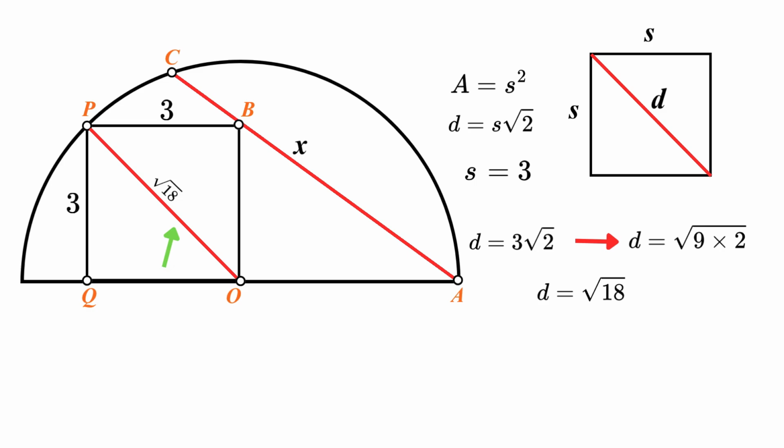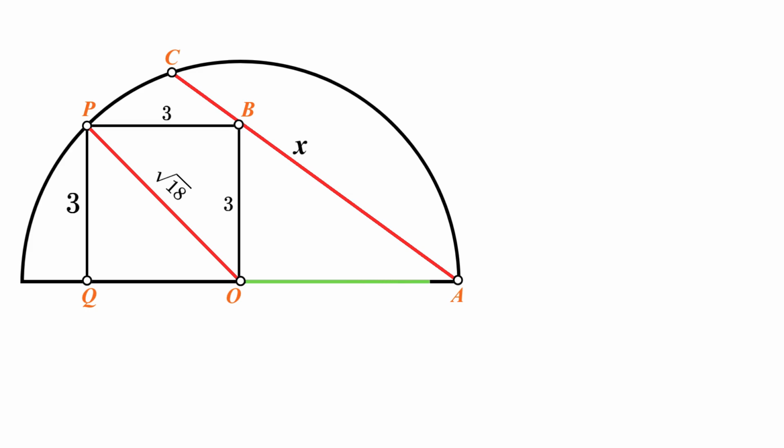It goes from the center of the circle all the way to the edge of the semicircle. So, this diagonal must represent the radius of the circle. Therefore, the line OA is also a radius, and it will have the length of square root of 18 as well.